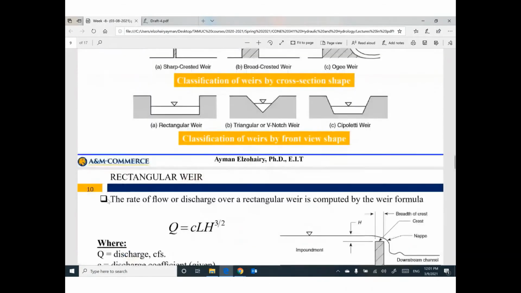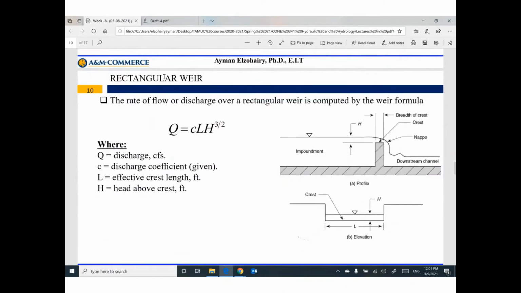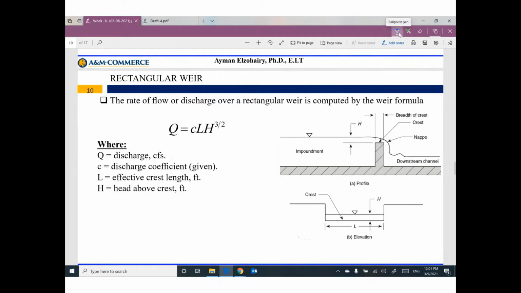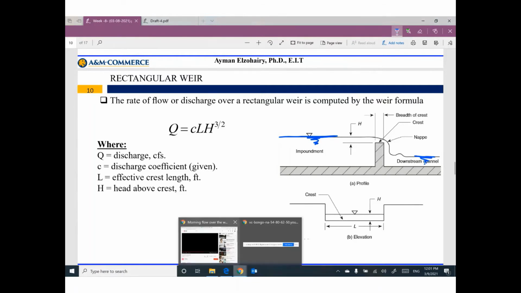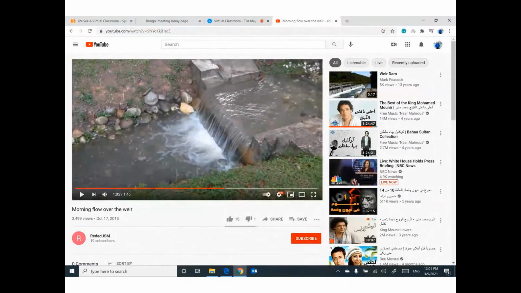Okay, let's start with the rectangular weir. We have a water level here higher than the water level here. If you go back to the video, we have two different levels.